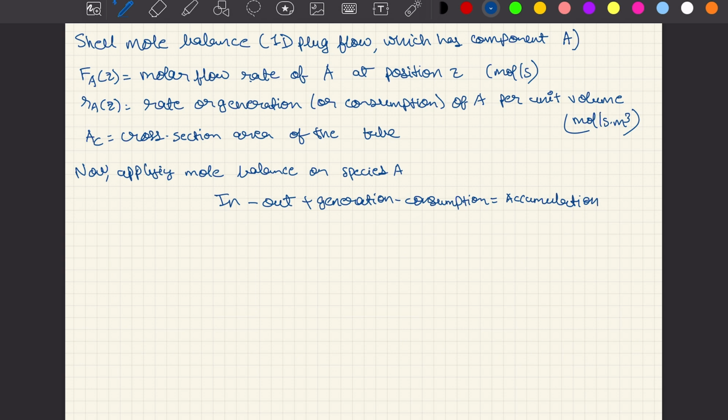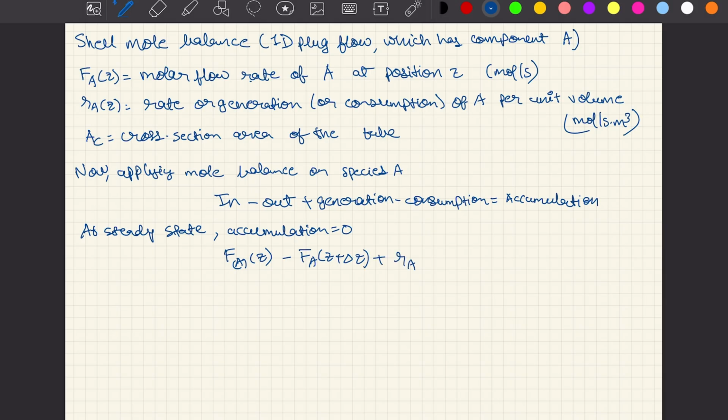At steady state, which is our assumption for keeping the thing simple, accumulation will be 0. FAZ, which is the input, minus FA at Z plus delta Z, which is the output, plus RAZ into AC into delta Z, equals 0. This will be our equation.